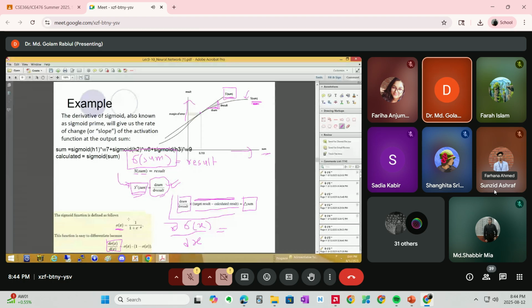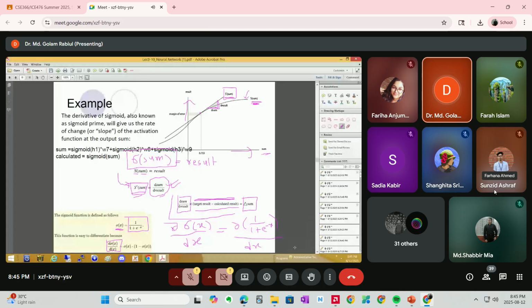So we will find that it is the delta of 1 by 1 plus e to the power minus x, with respect to dx.